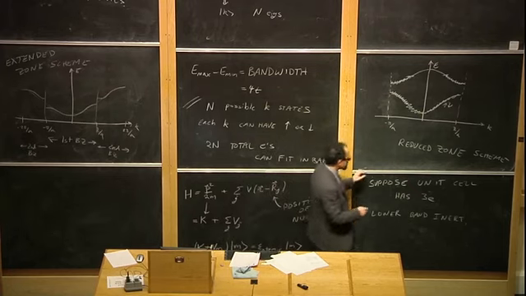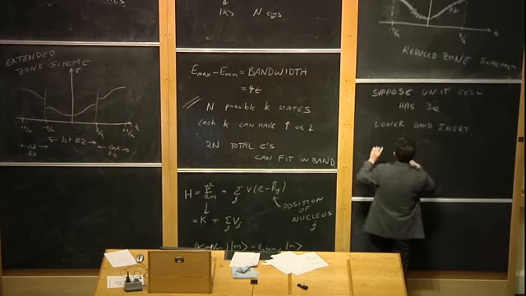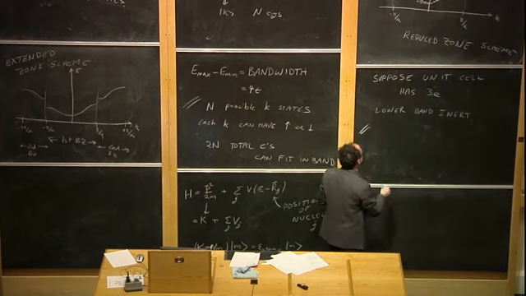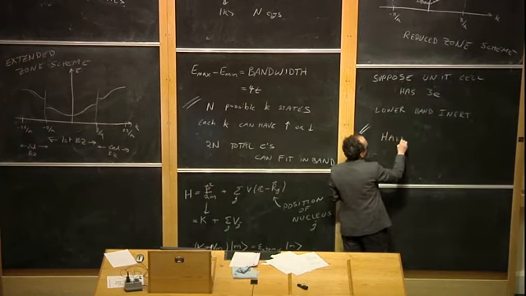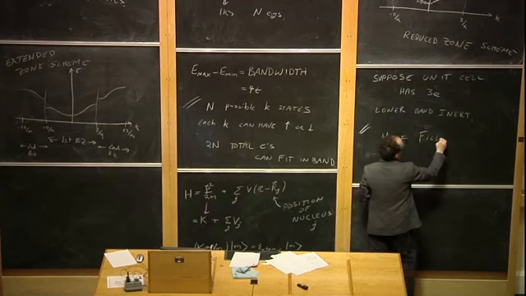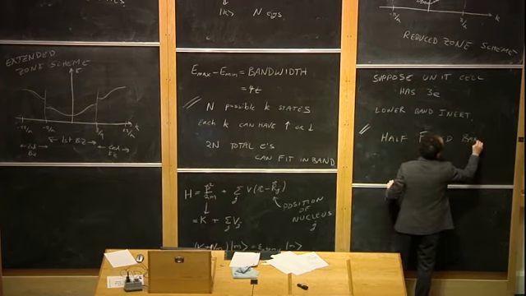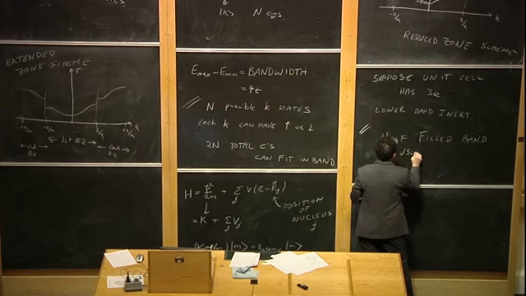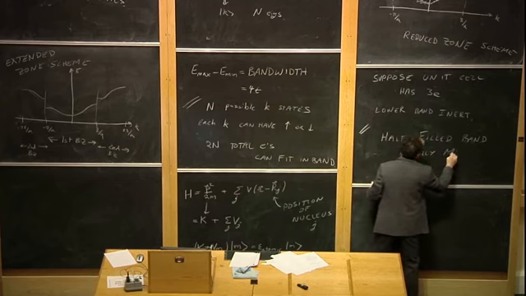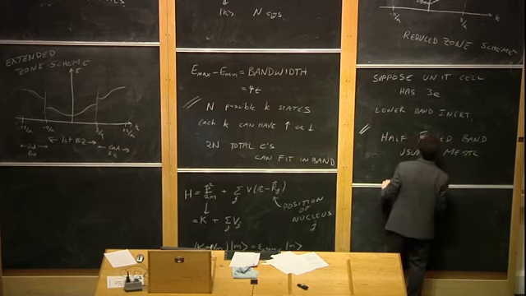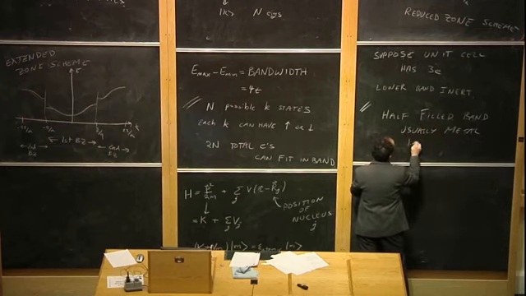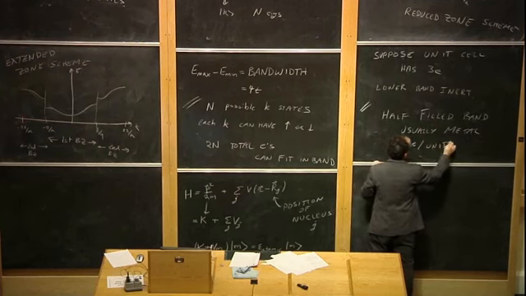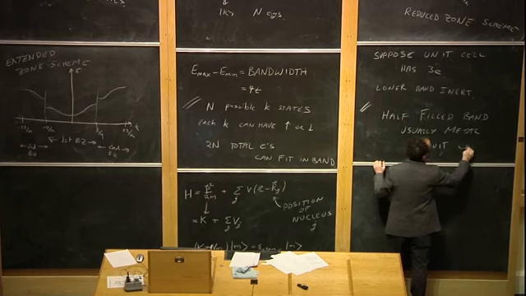A couple more comments here. So these important principles are that a half-filled band is usually a metal, and this is for 1 electron per unit cell, or actually any odd number of electrons per unit cell.